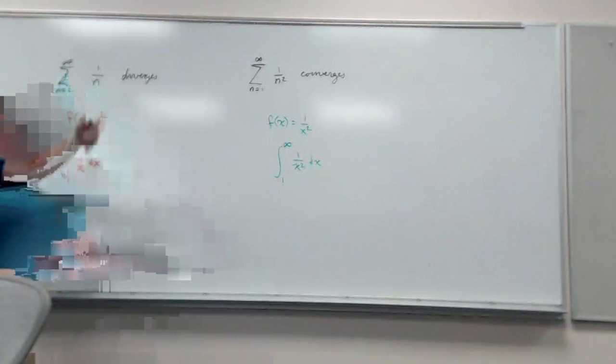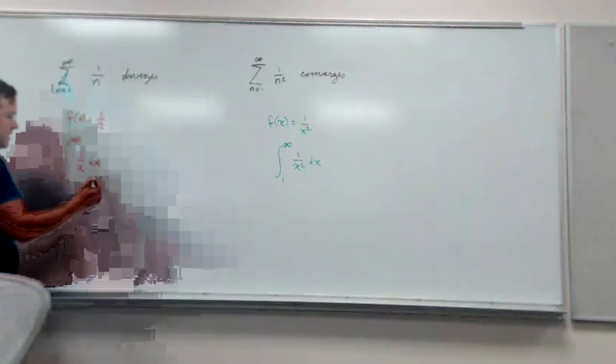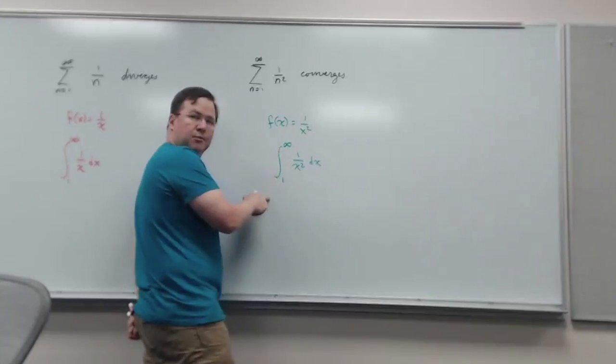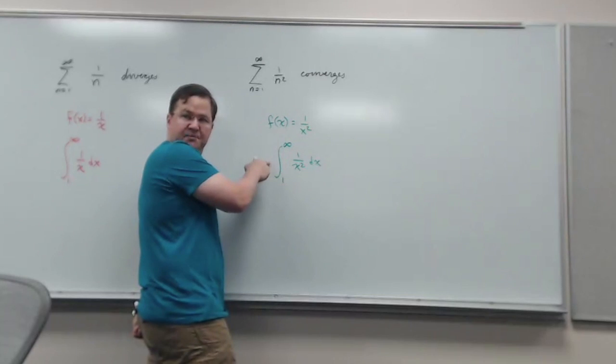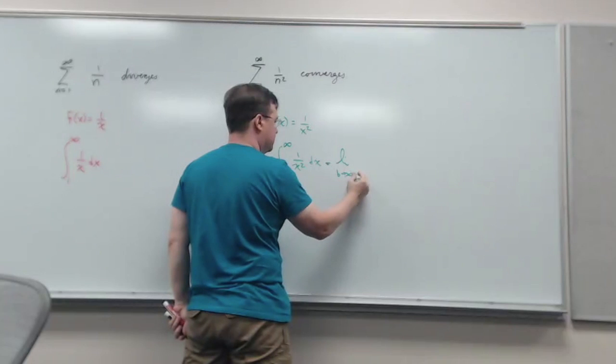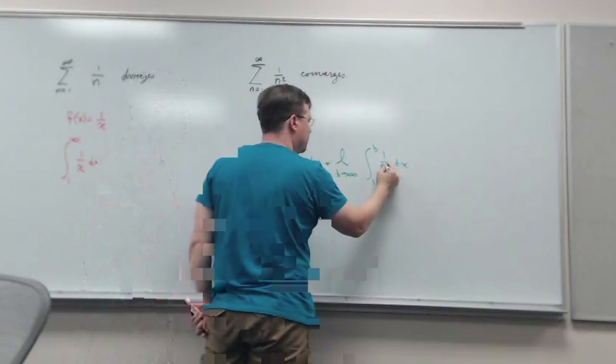If you go through the work, the first step in evaluating this improper integral is to realize that it is a limit from 1 to b, or using t, t works as well.